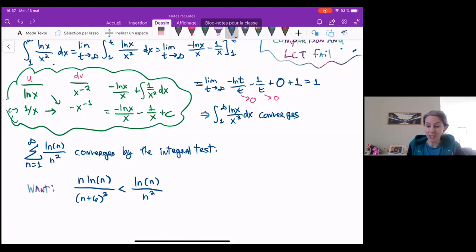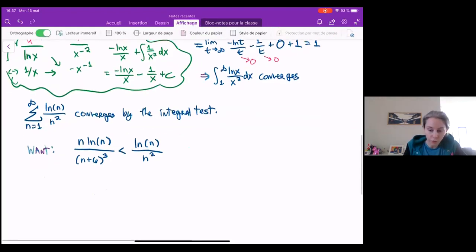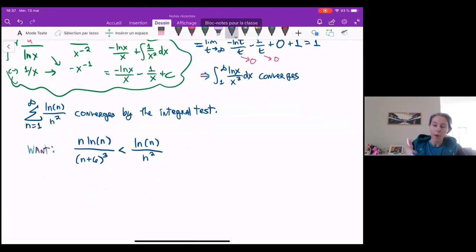Okay, is this true? Well, it looks true, or at least hopefully it looks true to you, but we're still going to do some cross multiplication just to make it really clear that it's true. So I'm going to multiply the n squared over, so I'll have n cubed ln n. Is this less than n plus 6 cubed ln n?